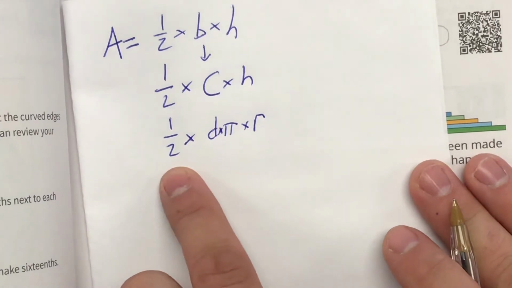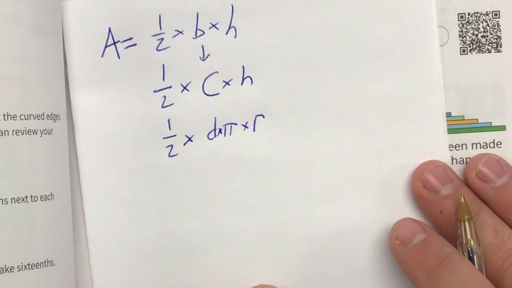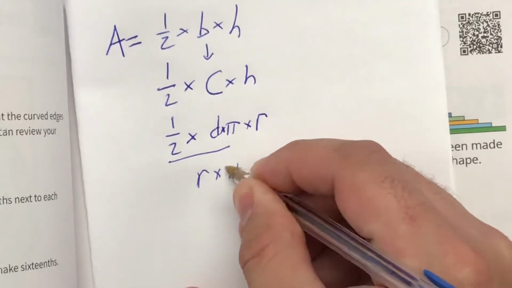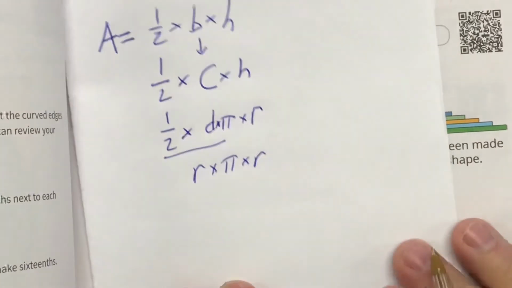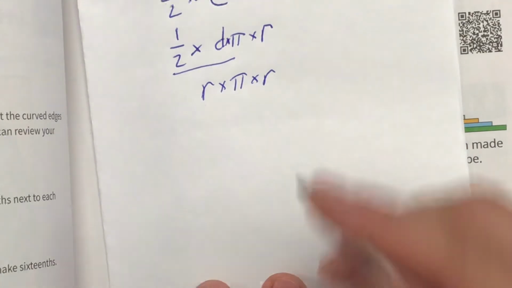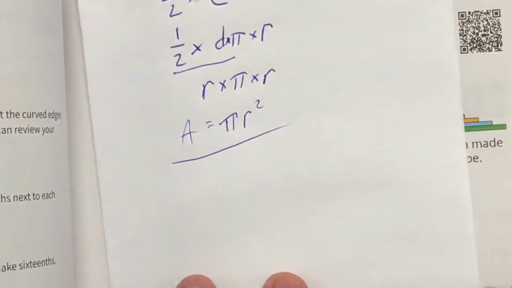Now, I want to ask you what half the diameter is. Half the diameter is the radius. Notice anything? Yes? Yes, it's radius squared times pi. Does that look familiar?